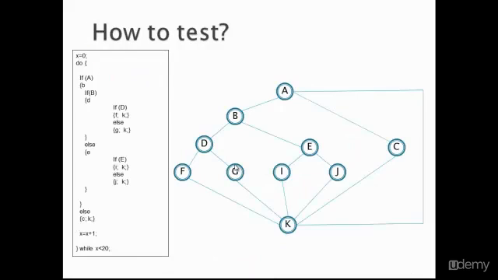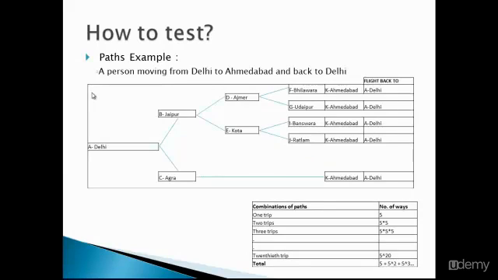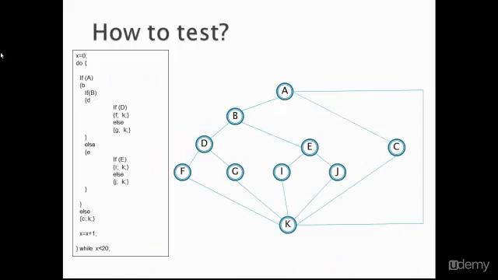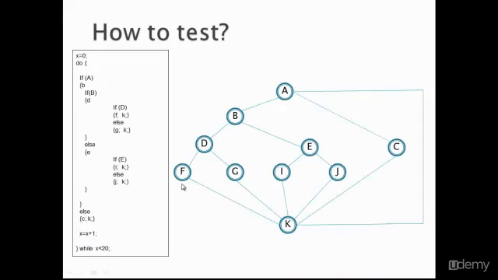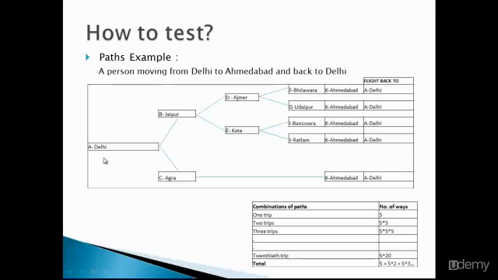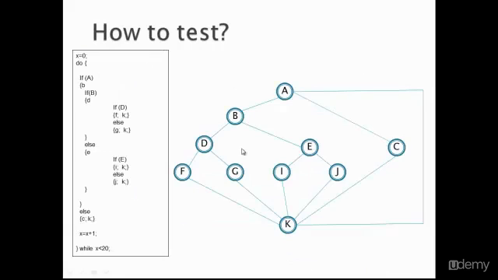So if we consider a software which says if A, that is Delhi, then either you can go to B or you can go to C. And similarly, if you go to B, then from B either you can go to D or you can go to E, and this is what the program says.